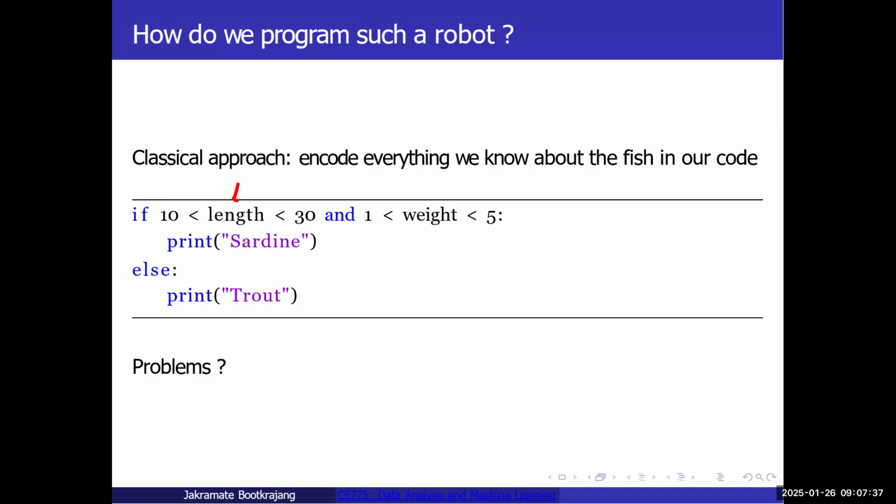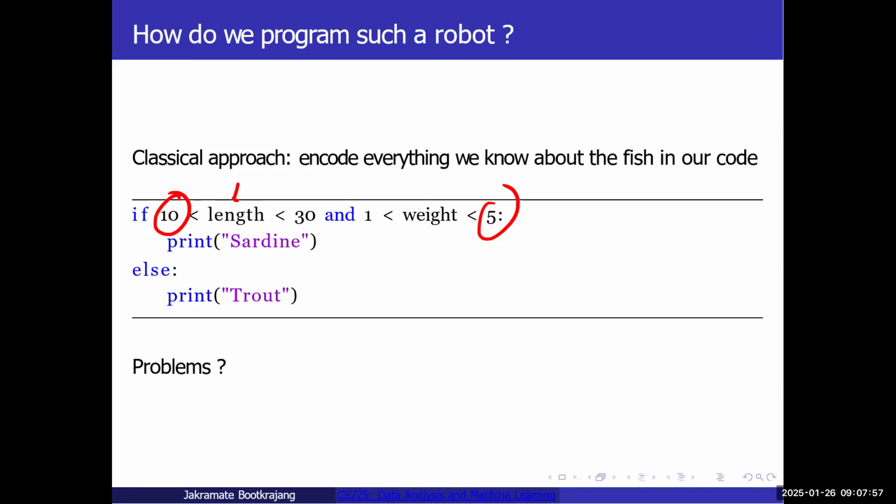You need to know the physicality of the fish, right? You need an expert to be able to come up with this condition, right? And there are many questions that you can ask, right? Why this number 10? Why this number 5, right? Where does this number come from?